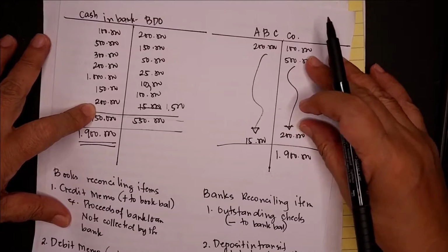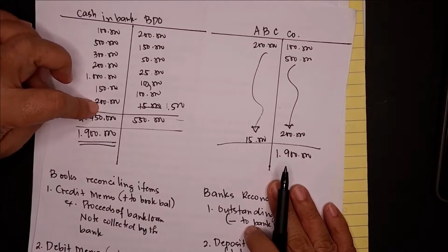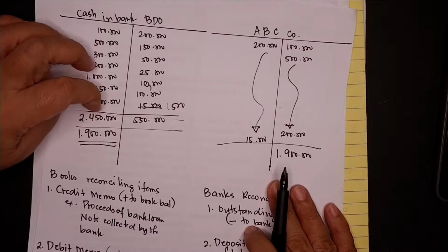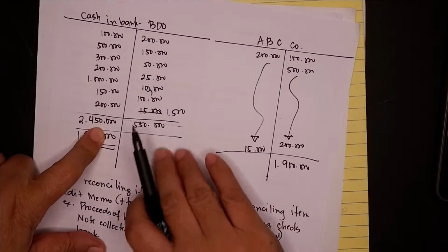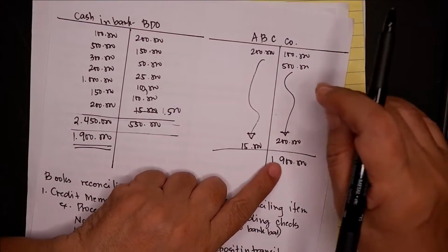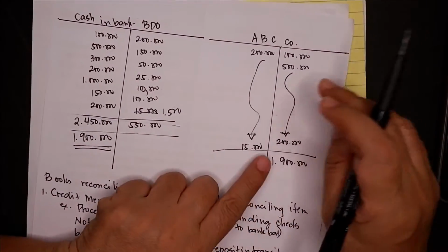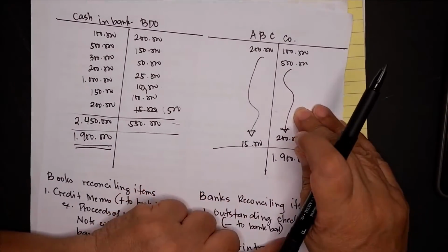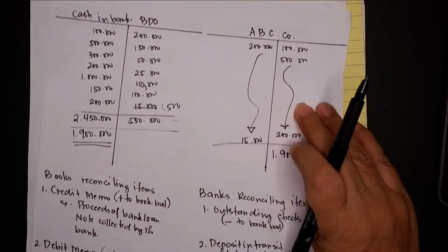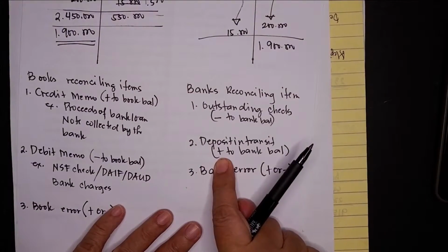So we have 200,000 here already recorded, which is included in this balance of 2,450,000, but the bank was not able to record it yet. So they don't have the debit cash and credit ABC Company yet. So to reconcile, it is plus to bank balance.